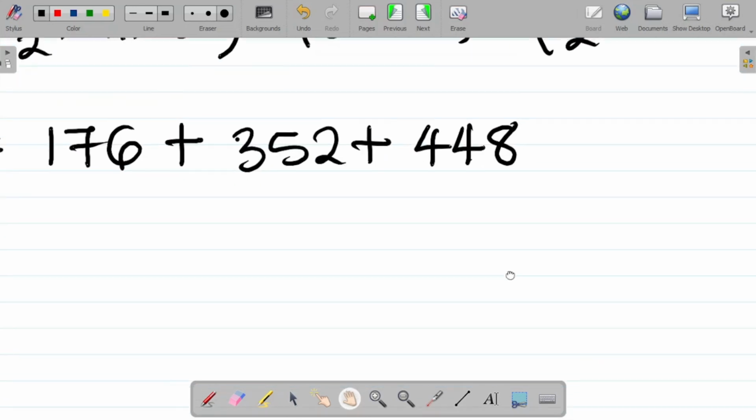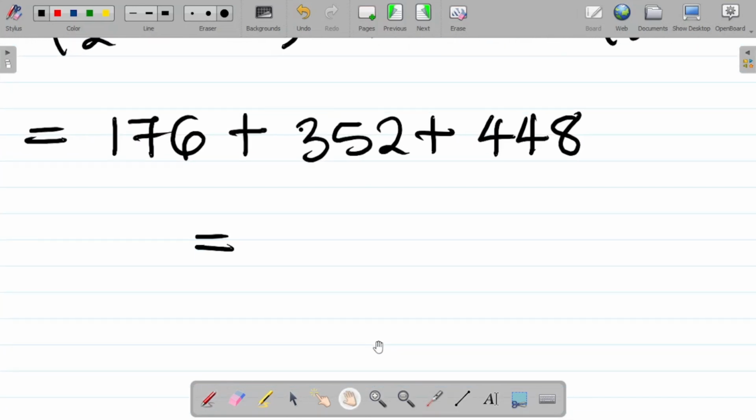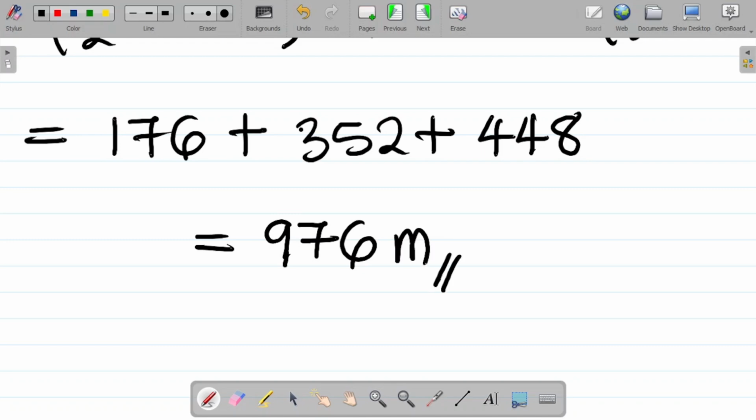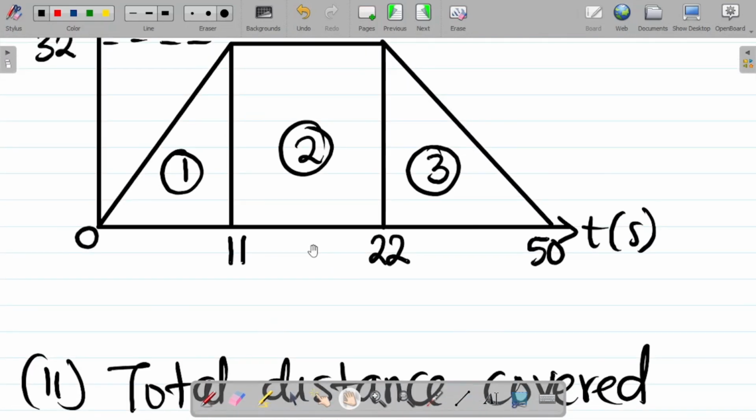All right, so let's add these values. 176 plus 352 plus 448 is about 976 meters. So that's how you get the total distance covered.